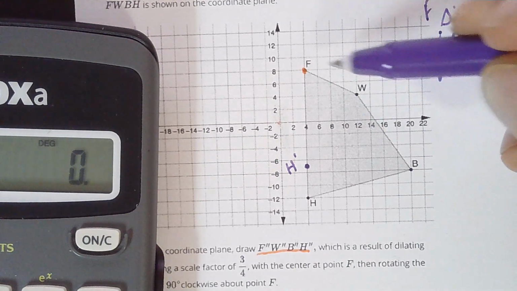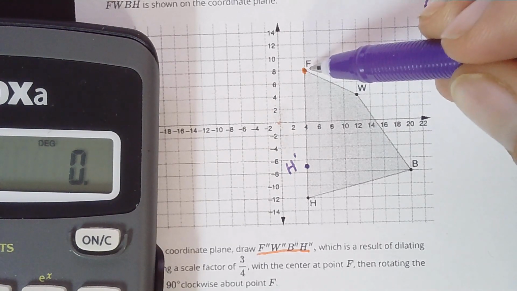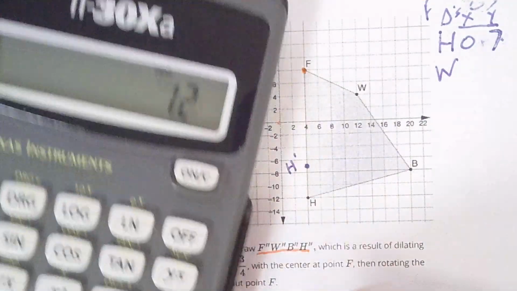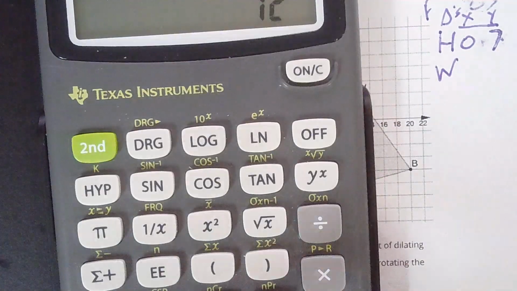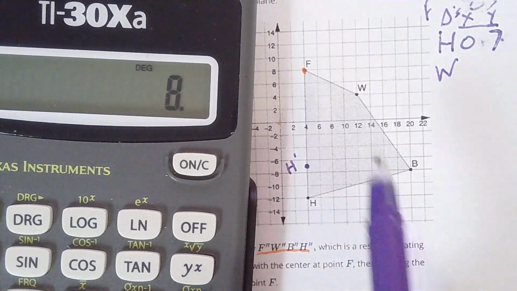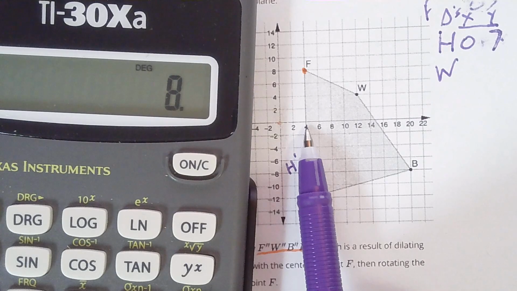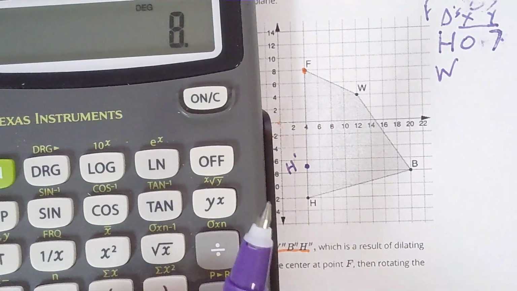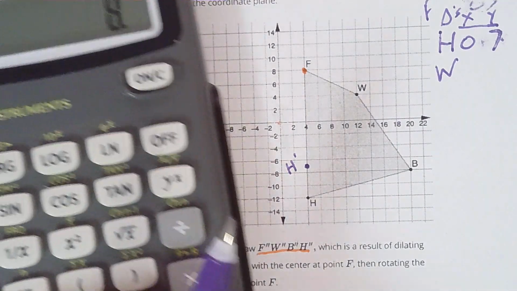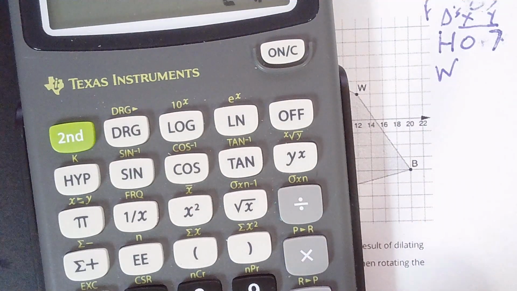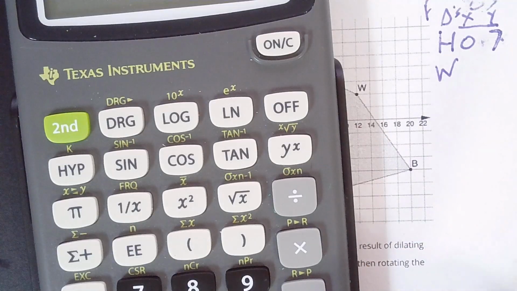So f to w, my x value change is 1, 2, 3, 4. Like 4 times 2 is 8. Or I could do 12 minus 4 equals 8. So I need 3/4 of 8. 8 times 3 divided by 4 equals 6.